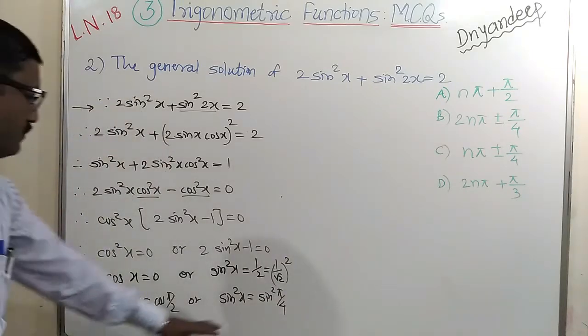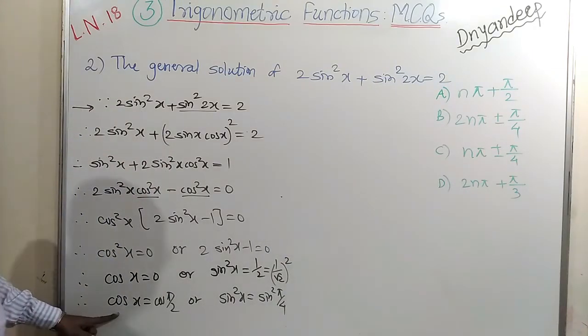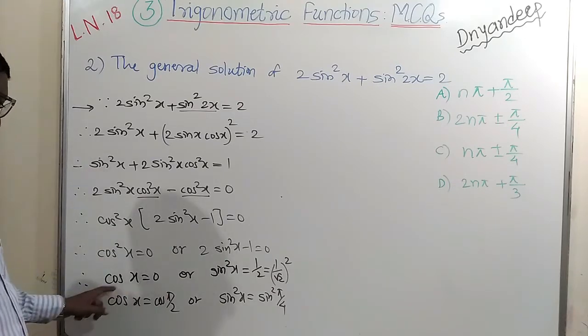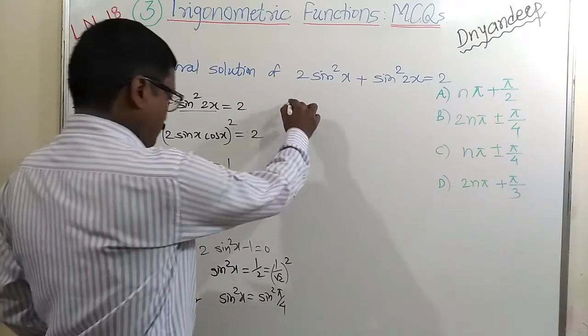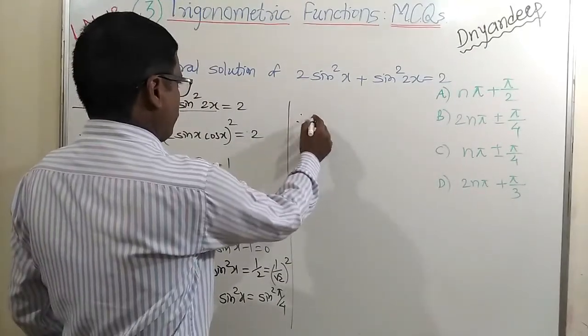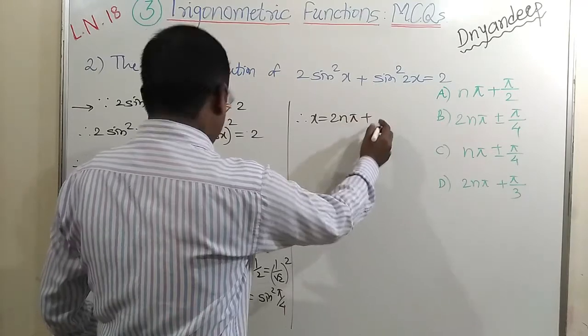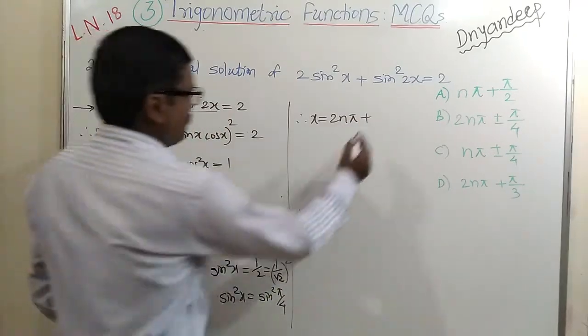So now we get these two trigonometric equations. The general solution of this, cos x equal to 0, that is x is equal to 2n pi plus alpha. Here alpha is pi by 2.